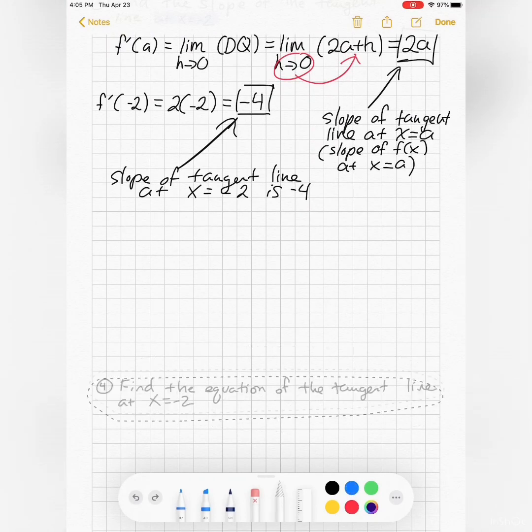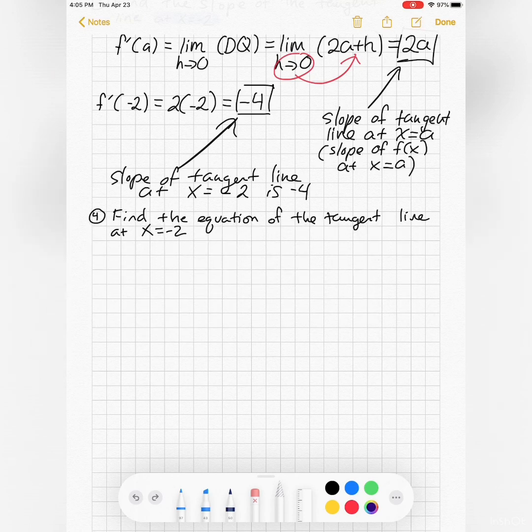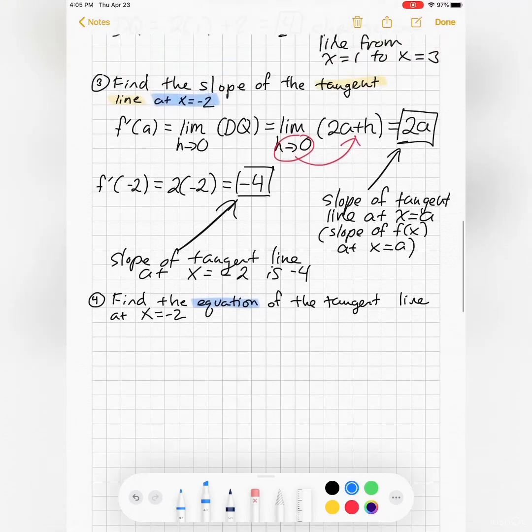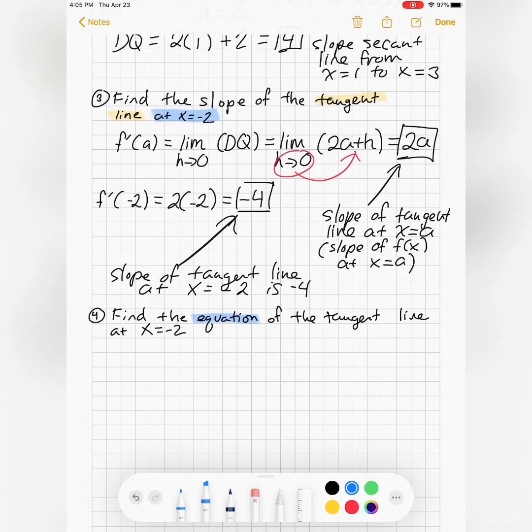The next part says, now actually find the equation of the tangent line at x equals -2. I've already found the slope, right? So to find the equation, I'm looking for the equation of a line.